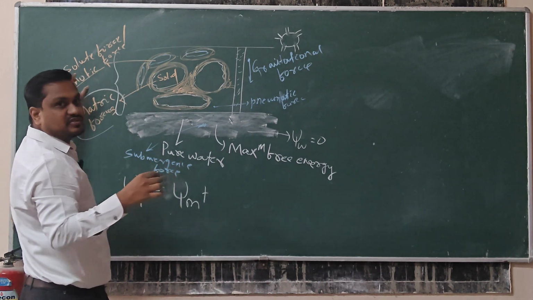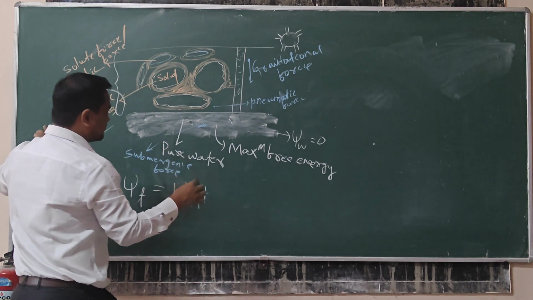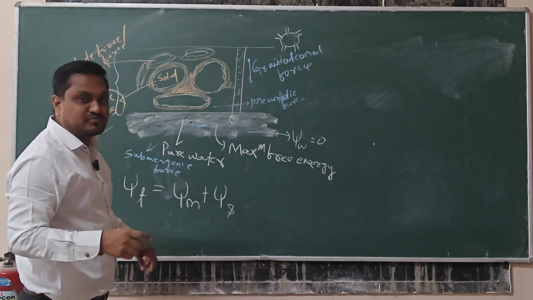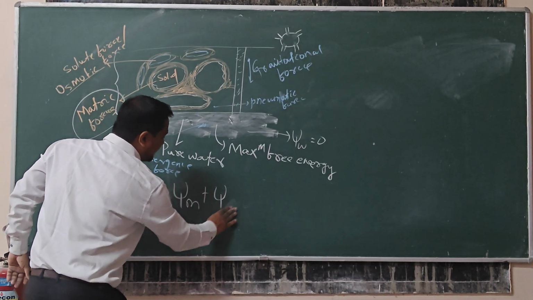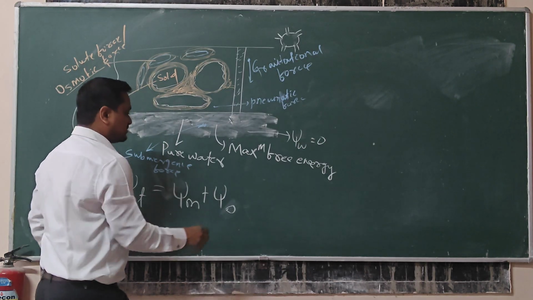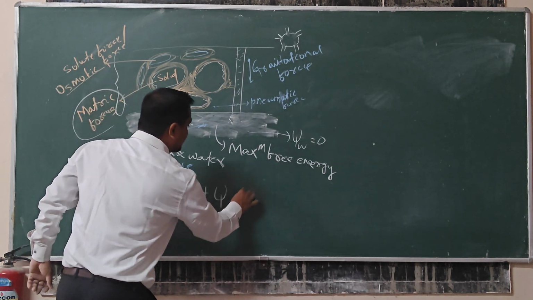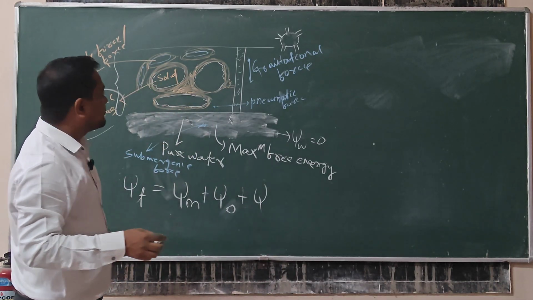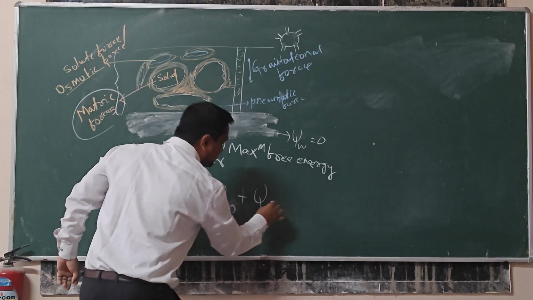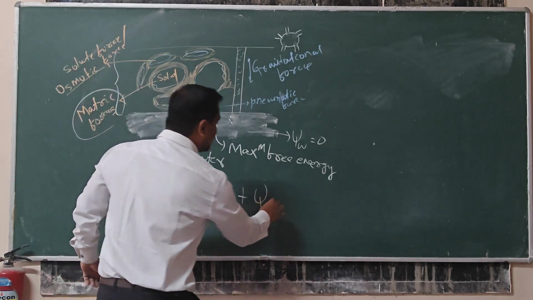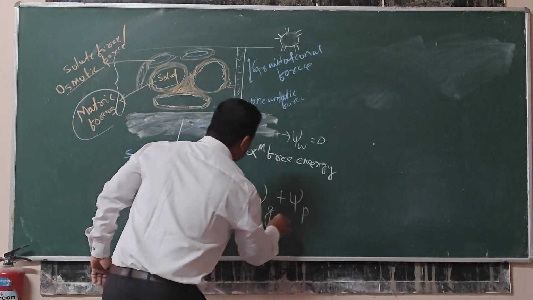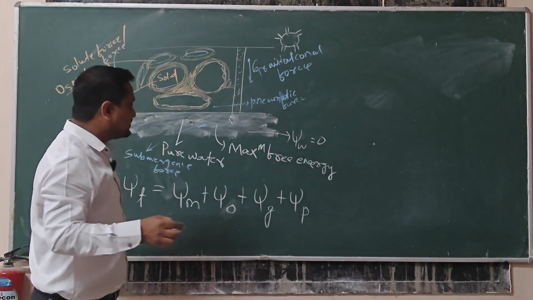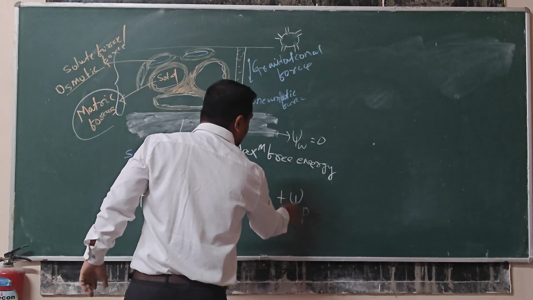In case of saline soil, another potential comes, which I will write as solute potential or osmotic potential, psi O. Another potential develops due to gravitational force. And all these pressure forces, like submergence, pneumatic, and subatmospheric pressure, I can write as pressure potential.